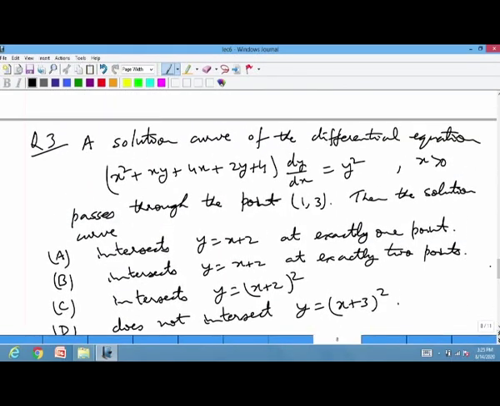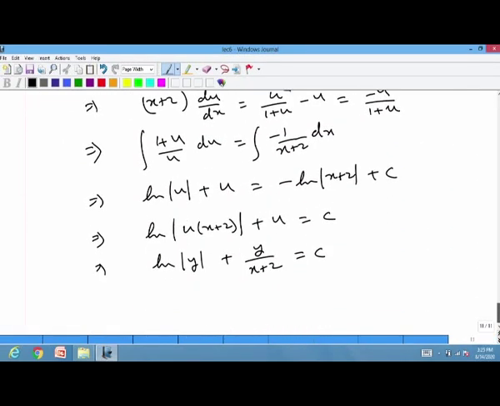Also, we are given that this curve passes through the point (1, 3). So y at 1 is equal to 3. This implies log 3 plus 3/(1+2) equal to c, which implies c is equal to 1 + log 3.